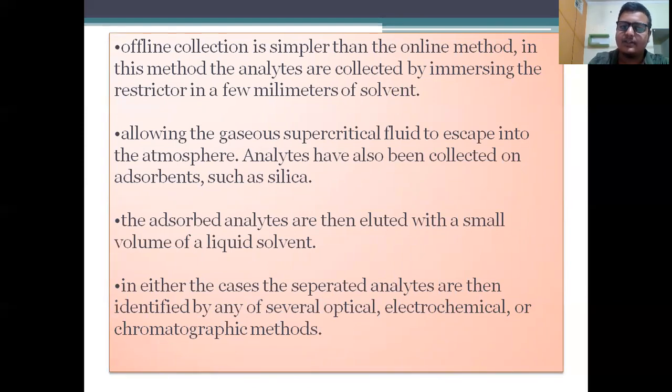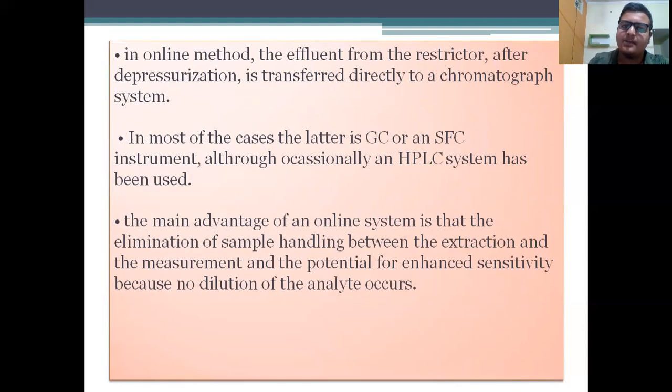But in offline systems, after the sample undergoes the separation, we have to handle the sample by eluting it. After elution, we have to handle the sample ourselves, and then subject it to several methods such as electrochemical and chromatographic methods. But in online methods, once the sample is introduced into the instrument, we do not have to manhandle the sample in between.